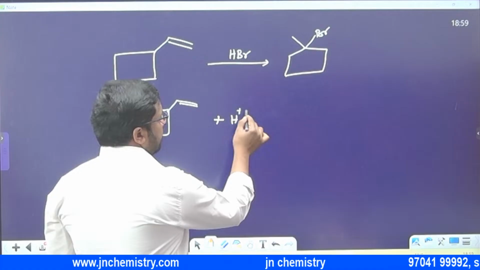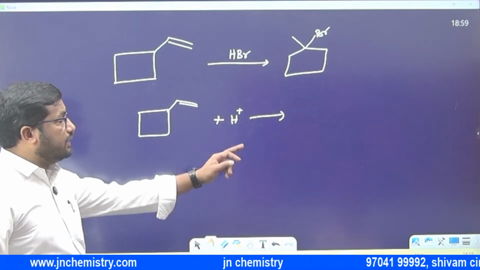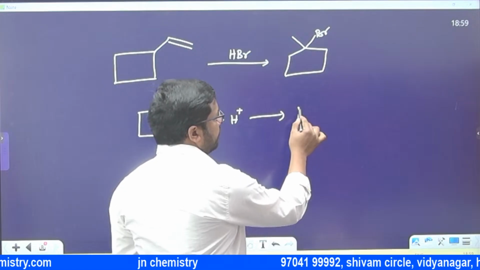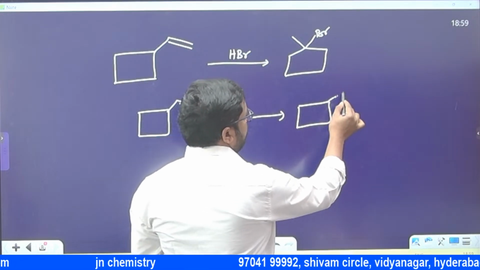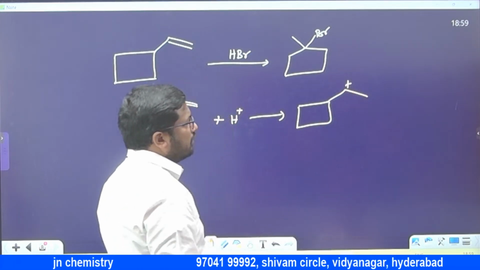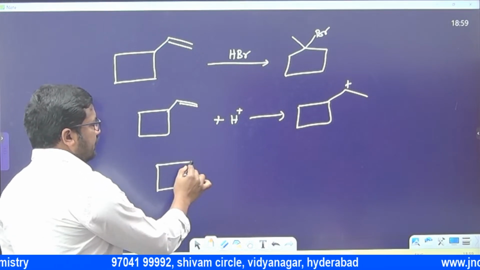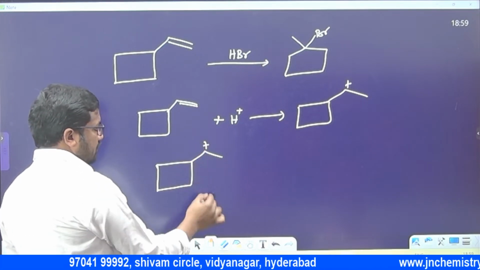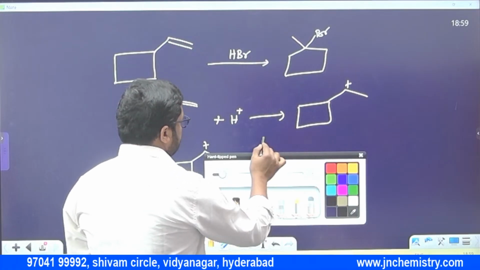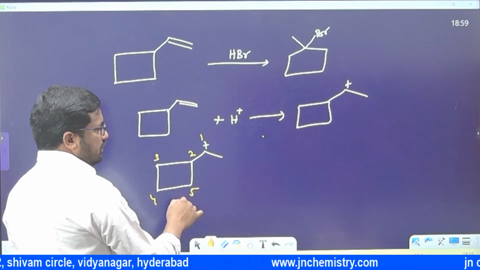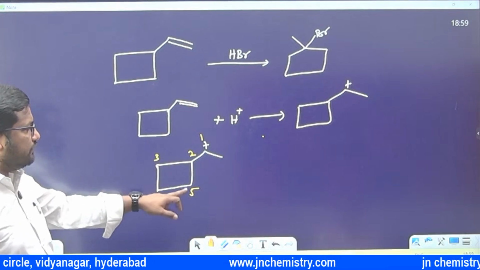So first, what exactly happens? H plus is attacking it here. We'll get the secondary carbocation. Then same, it's a number game. What exactly is the number game? So 1, 2, 3, 4, 5. Directly, the bond breaks at the 2 and 5 position.